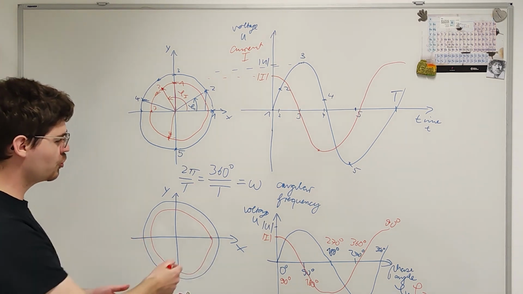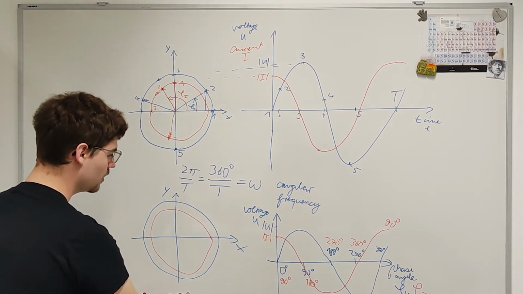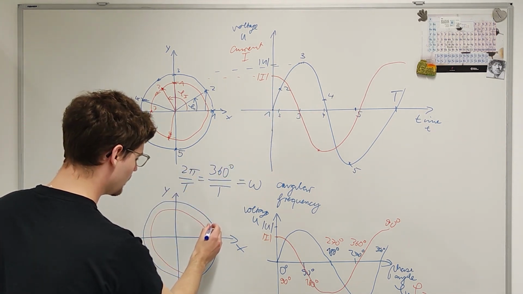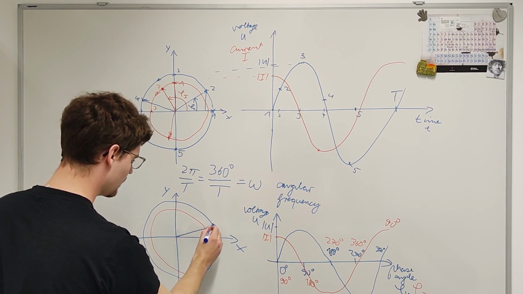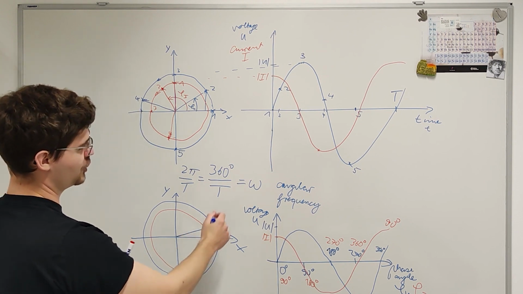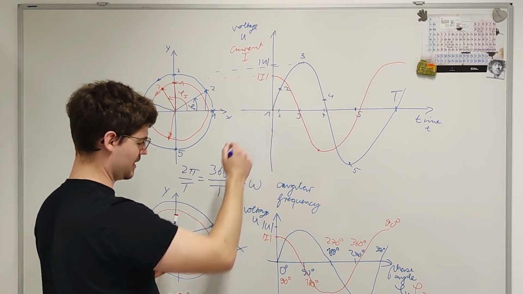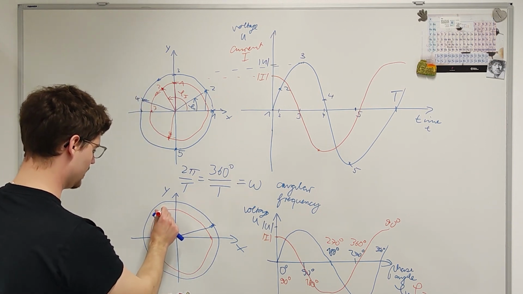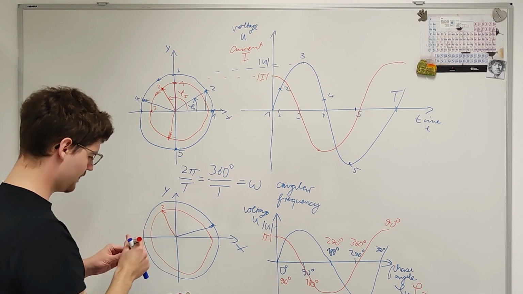And I will pick 2 points along the circle. For example, again, point 2, where the voltage is here, just above the 0 line, where it's just started rising. And the current is correspondingly over here, point 2.